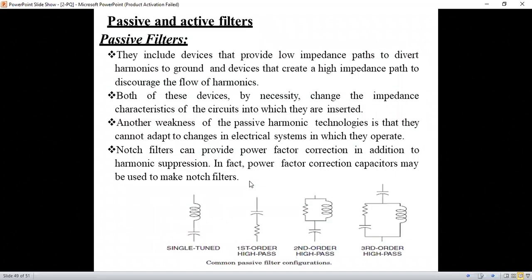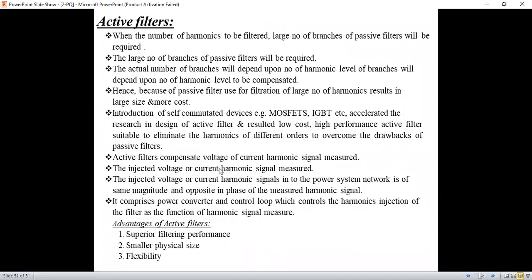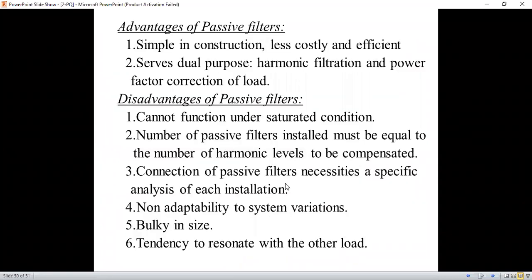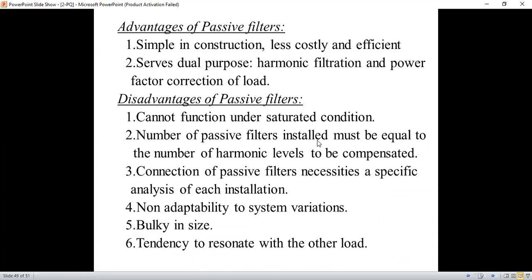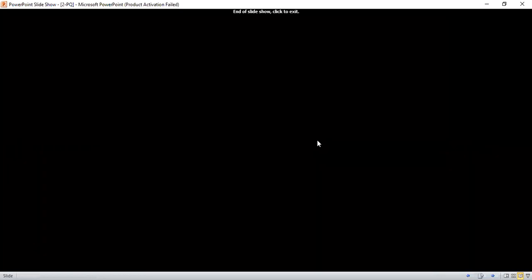So in the yesterday class only I have taken complete explanation of this active filters, already have done that one. So anytime I can conduct the chapter test. This part is not done, but by reading this, at least you are in final year, you can do this one. So in the next, maybe the chapter test I may conduct. Okay, so be ready for that one.